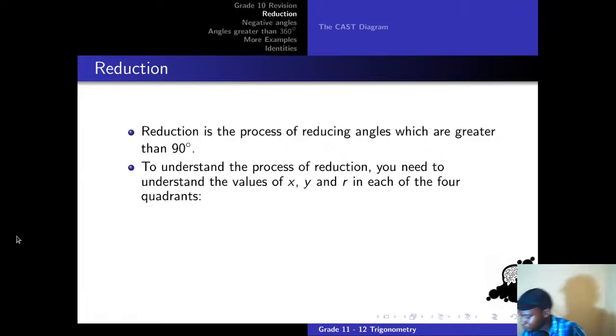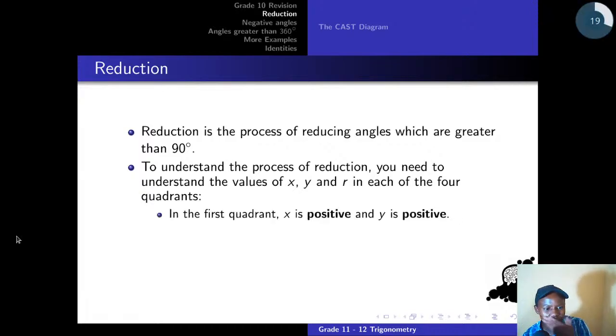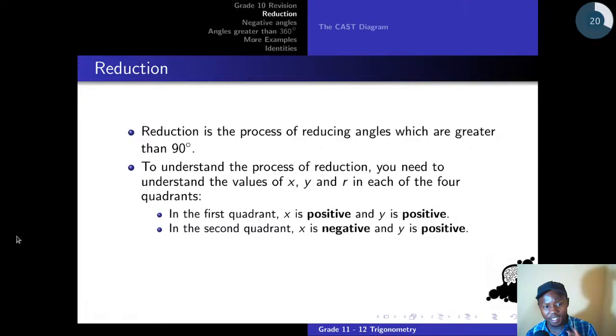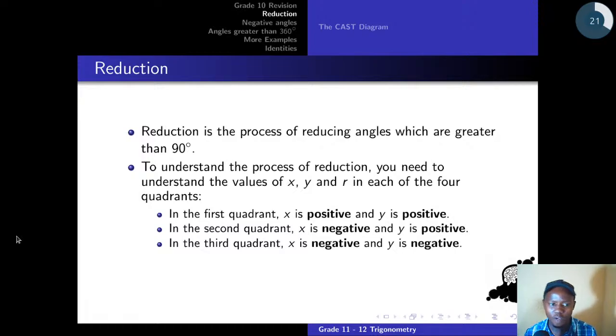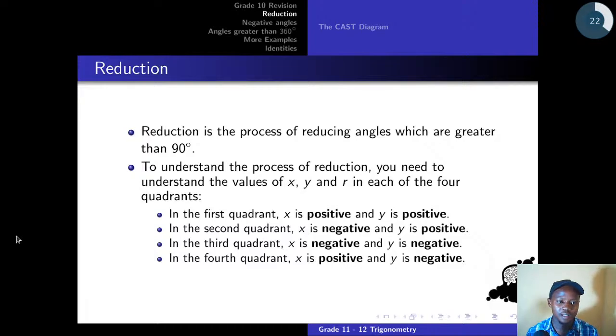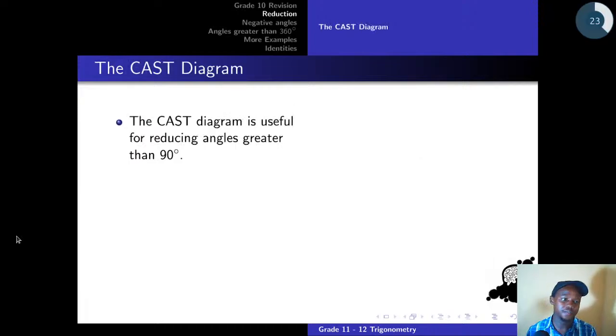Let's proceed. Now, in the first quadrant, x is positive, y is also positive. In the second quadrant, x is negative, y is positive. In the third quadrant, x is negative, y is negative. Lastly, in the fourth quadrant, x is positive and y is negative.